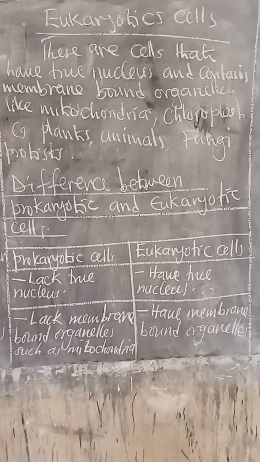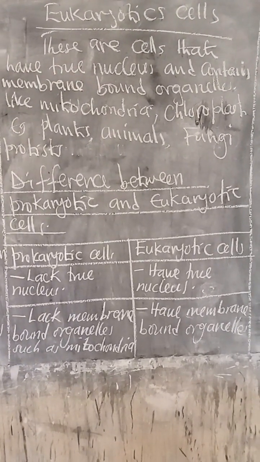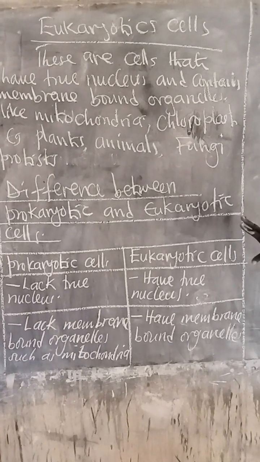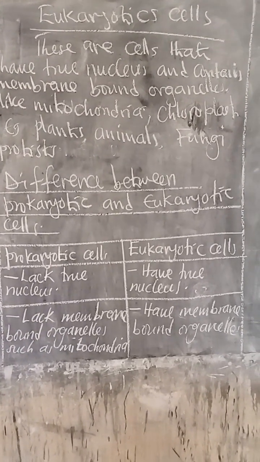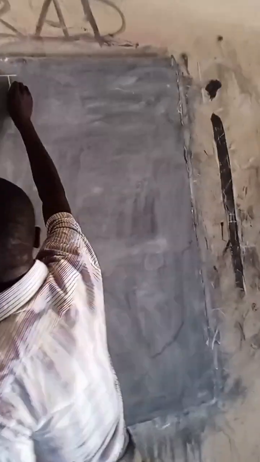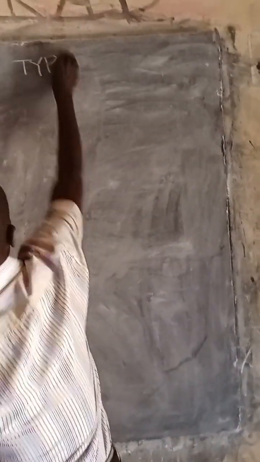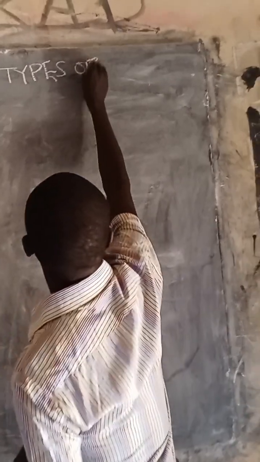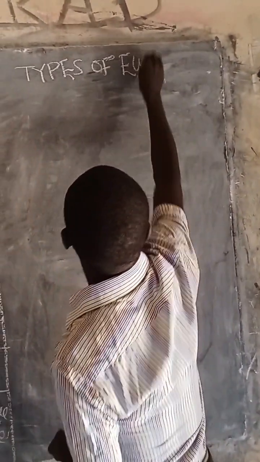Now, this will take us to the types of eukaryotic cells. Let's look at types of eukaryotic cells.